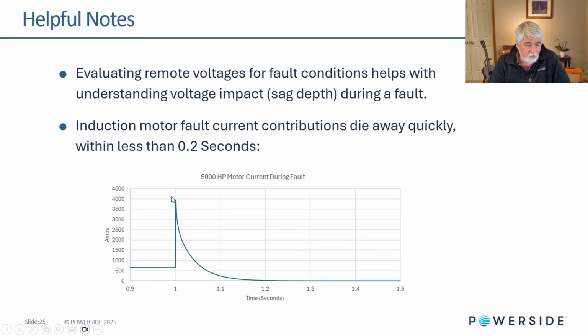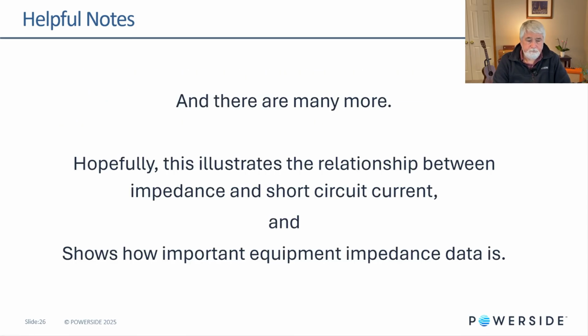This is that maximum locked rotor value we talked about, but it decays very quickly over time. And this is why in the ANSI standard, it's important to consider the AC decay when calculating interrupting current for your protective device duty, because this current decays very quickly, and that's included within the ANSI standard.